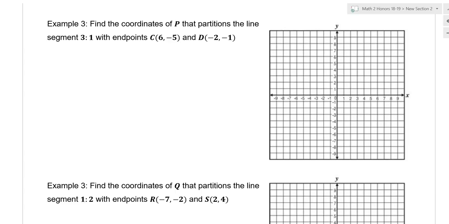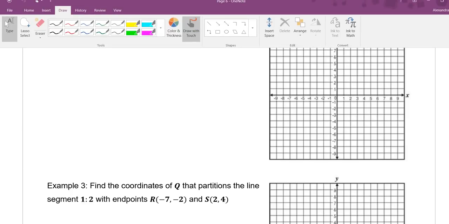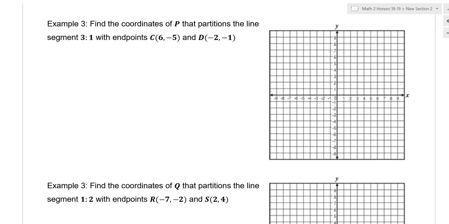Okay, example 3. Find the coordinates of P that partitions the line segment 3 to 1 with endpoints C, 6, -5, and D, -2, -1. So I'm actually going to start by putting these 2 points on. C is at 6, -5.